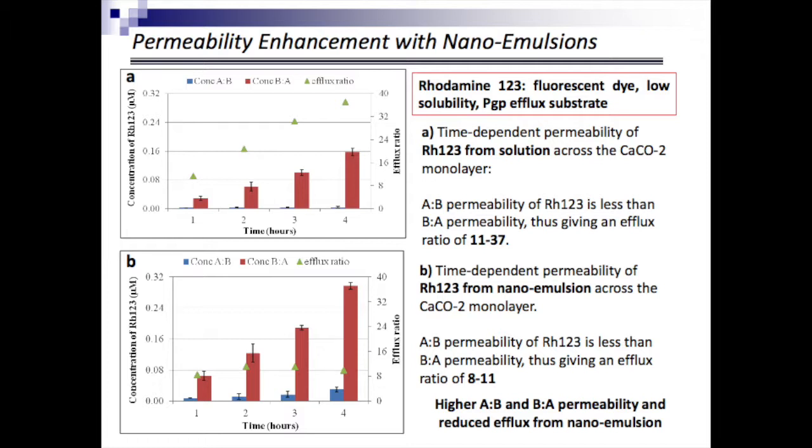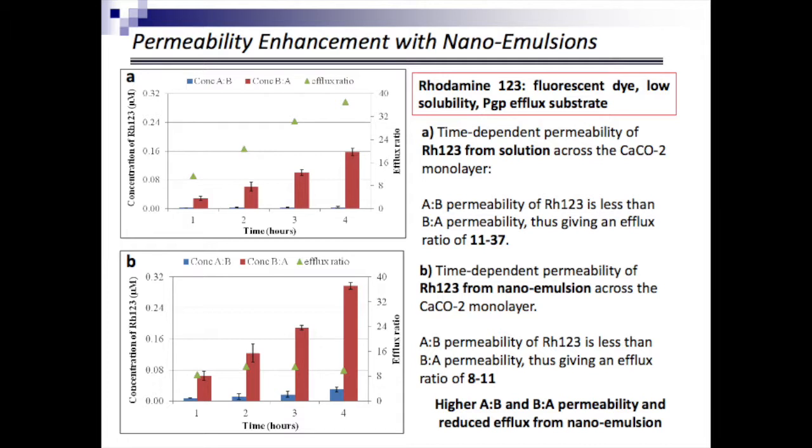The green triangles are what we call the efflux ratio, which is basically the ratio of the permeability from the basolateral to the apical, which means that if there is high efflux, then the transport is not as efficient.